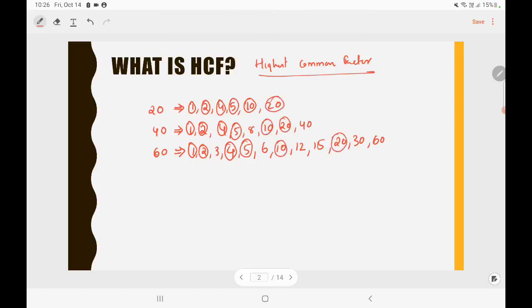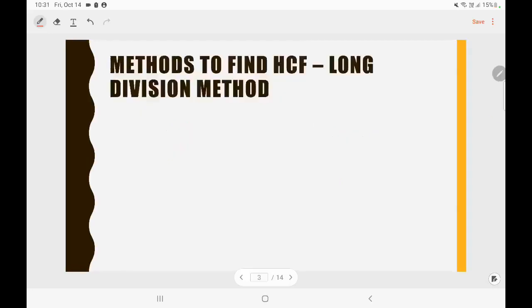So we have here common factors are 1, 2, 4, 5, 10 and 20. So among these, the highest common factor is 20. So this is the concept of HCF, or highest common factor. So if you are asked what is HCF, it is the highest among the common factors of various numbers.